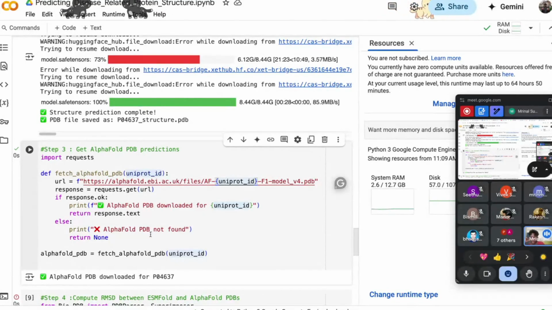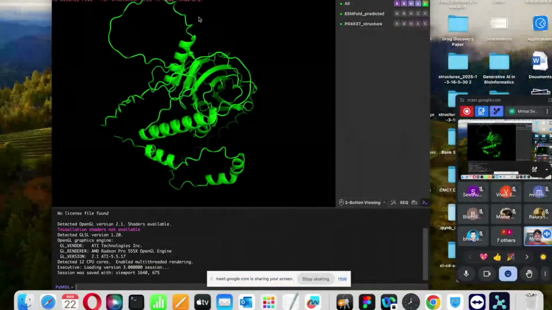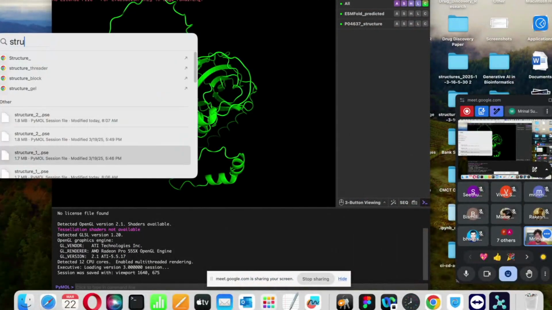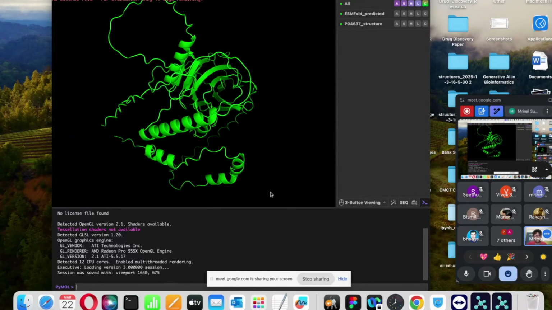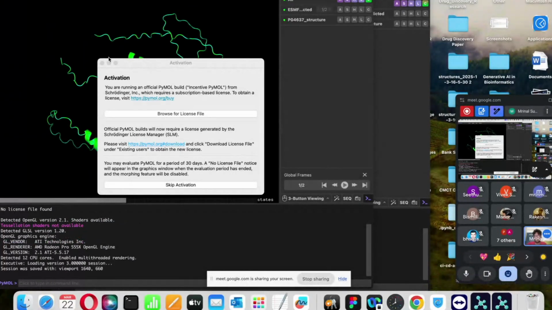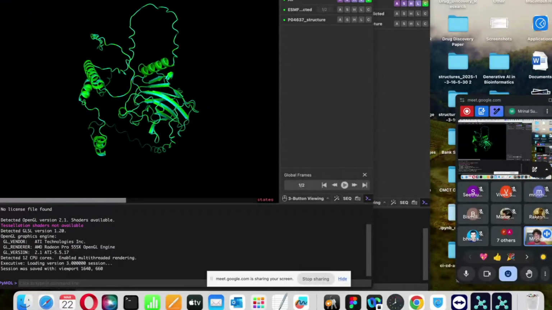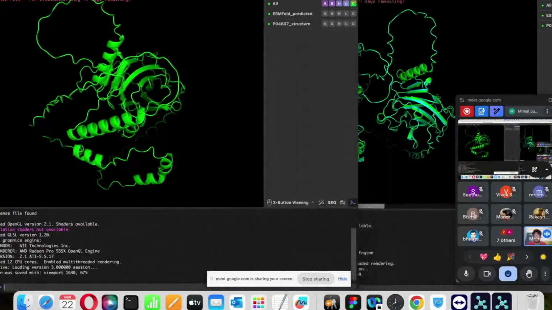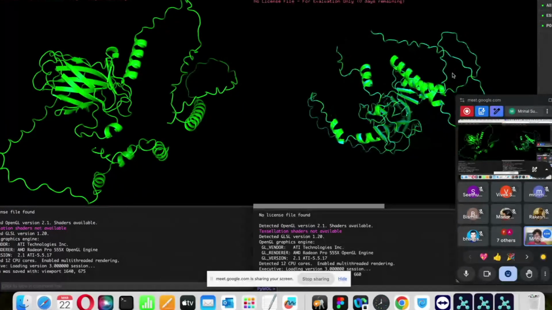Once I download the file, I have saved it as structure psc.2. Right. So this is the output that I get of the same molecular structure from AlphaFold.